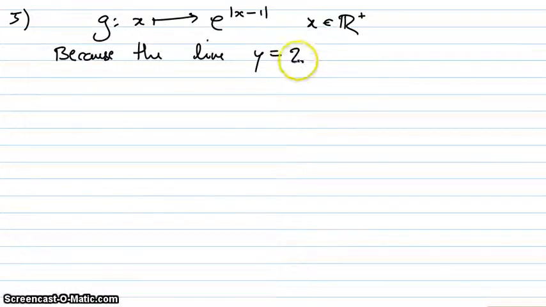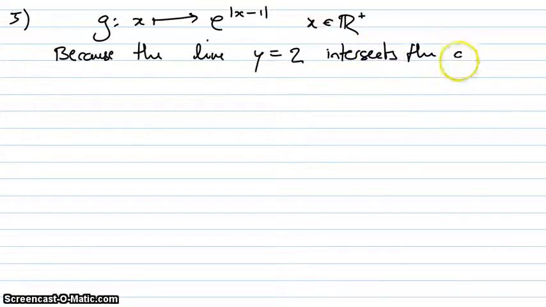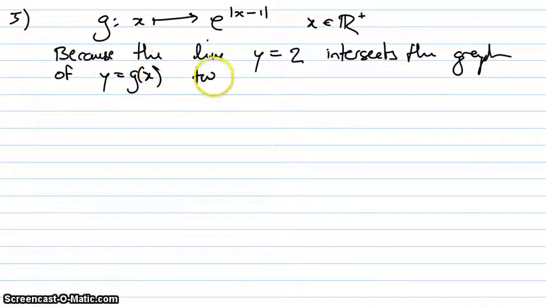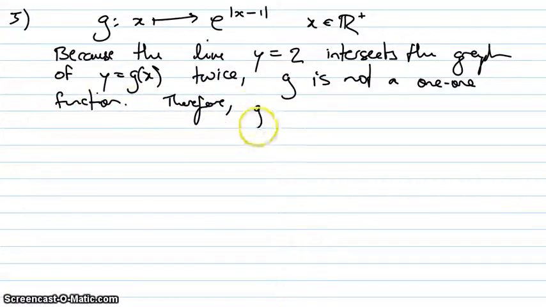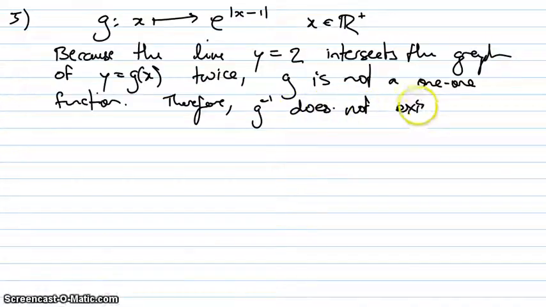Because the line y equals 2 intersects the graph of y equals g of x twice, g is not a 1-1 function. Therefore, g inverse does not exist. So that answers the first part.